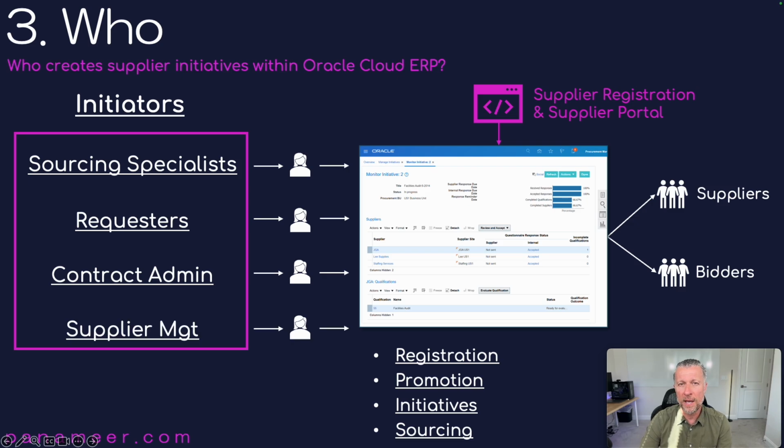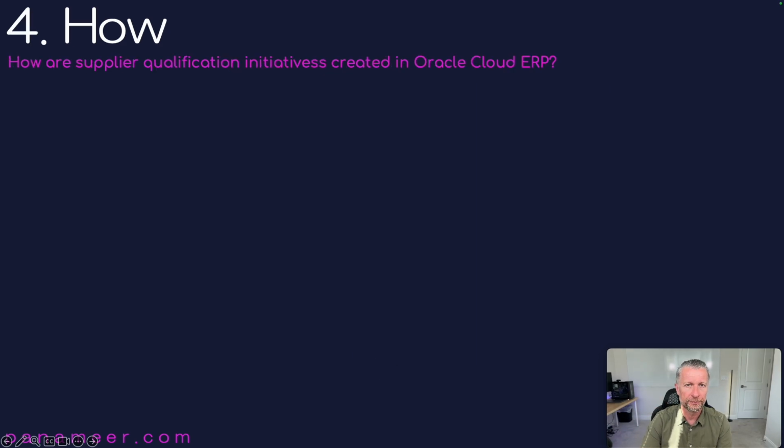And then a supplier manager may just automatically qualify a new supplier, or you could actually use SQM itself in what they call a rule set to auto-initiate on a core set of qualifications.